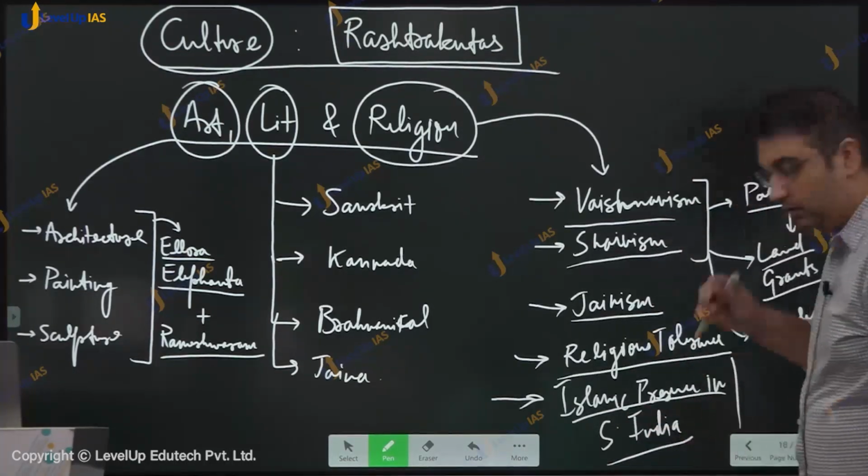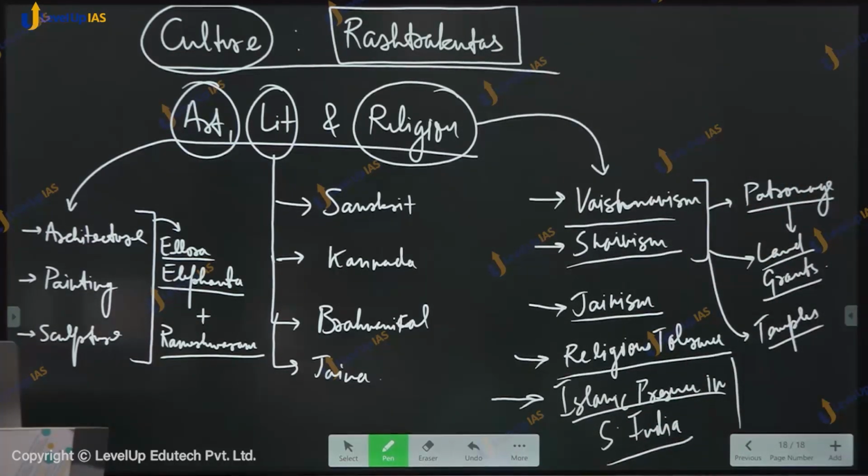Now, Arab Islamic traders had been coming to the Malabar region from the 7th century onwards. Ever since the emergence of Islam, they were settling over here also, marrying the local women, resulting in the emergence of new communities such as the Moplas. The Rashtrakutas gave them complete religious freedom.